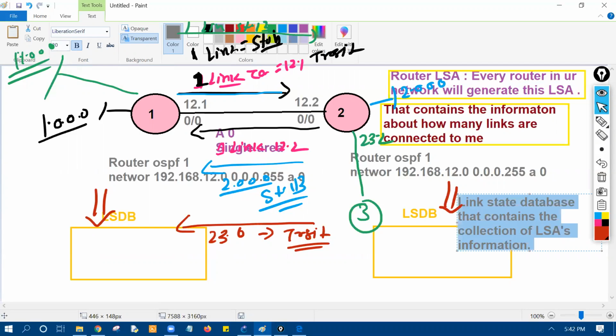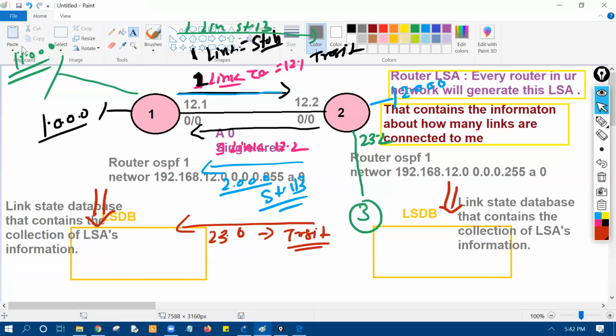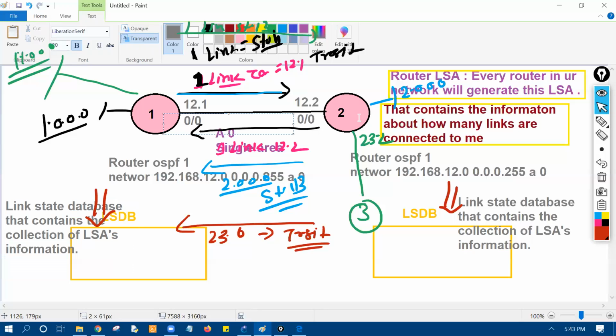Same thing, R1 is also going to contain the same LSA information in its LSDB table. So at the end of the day, each router is going to share its own link information, and R2 is going to share its own link information with R1.